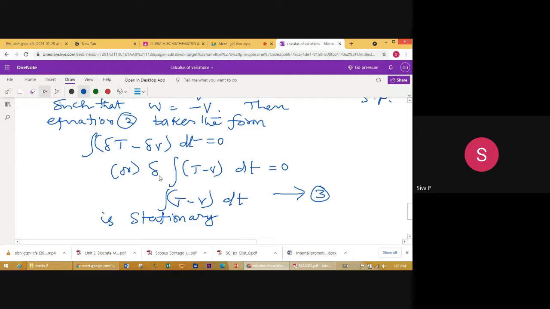That means already we know that when delta I equal to 0, then that is stationary.